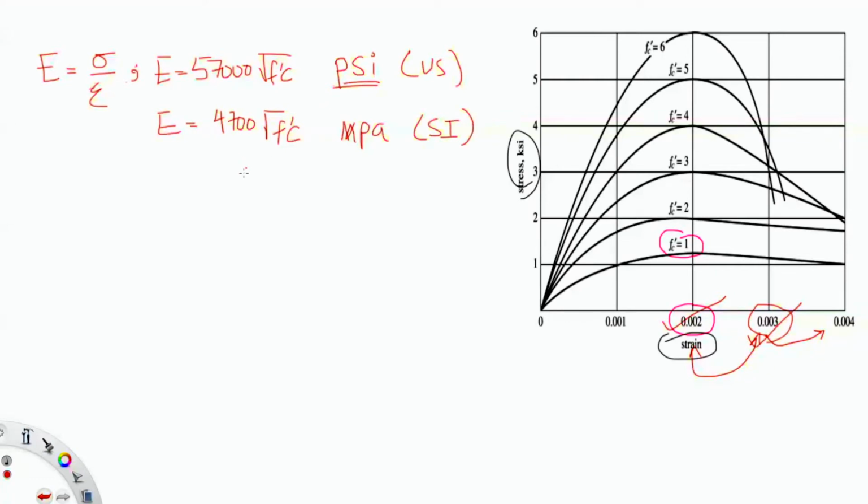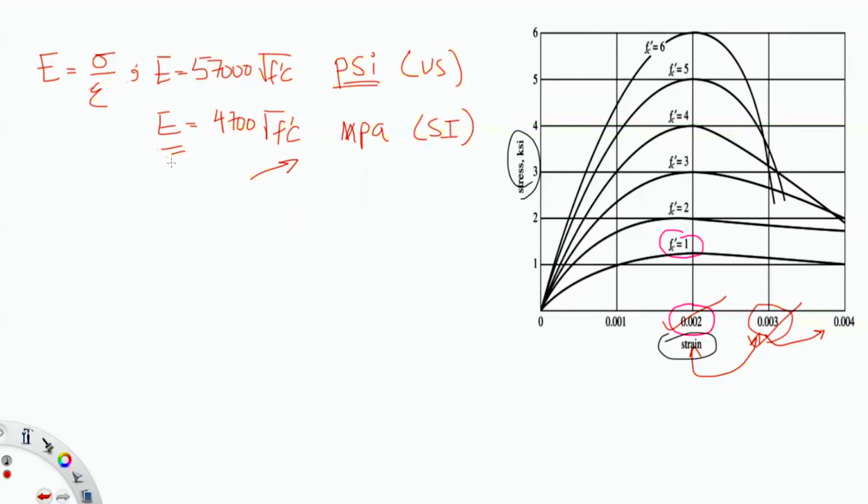So what does it mean? The more f'c, the more strength the concrete has, the more modulus of elasticity it will have. It means the material will have more resistance, and it's more durable to take the load.